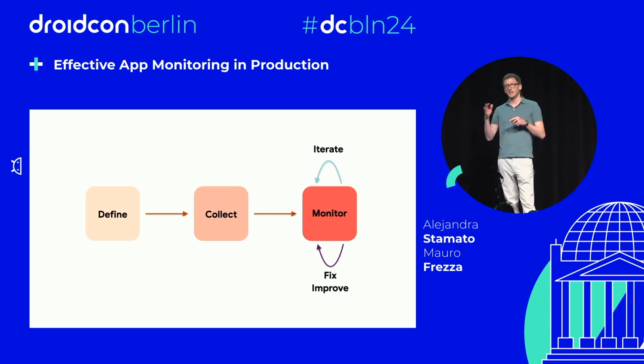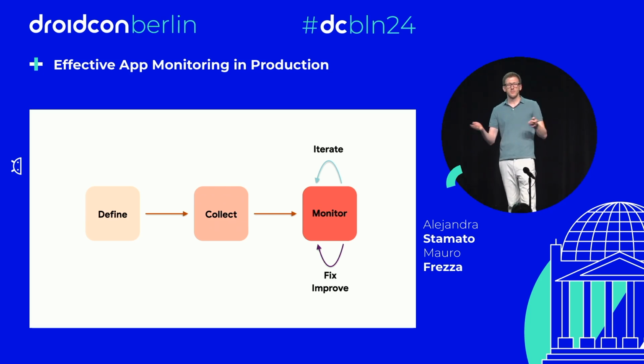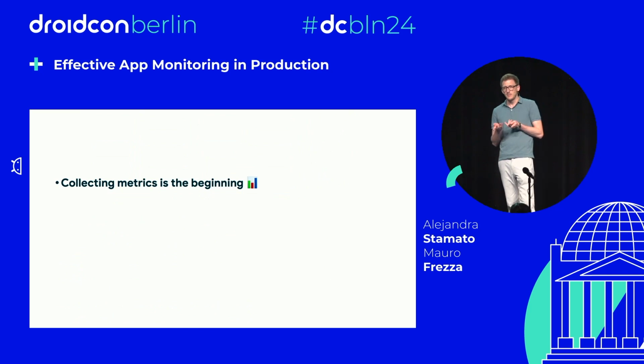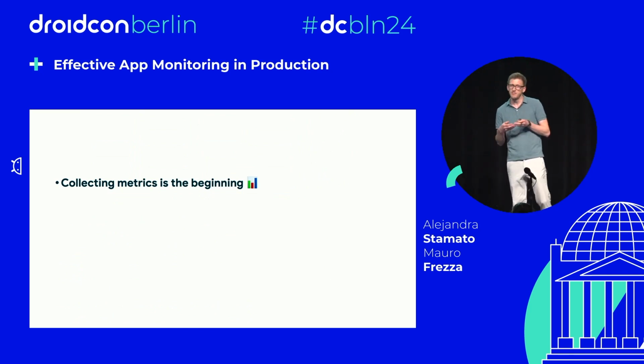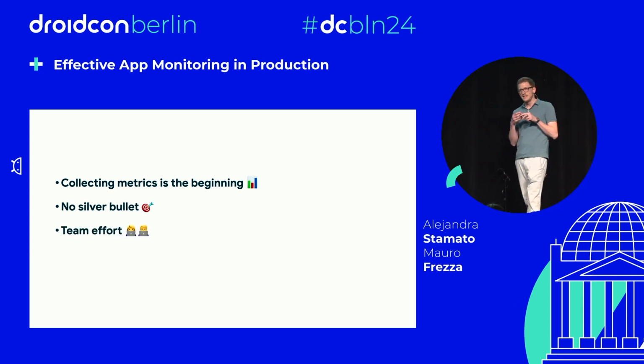So the key thing also is to think that the process is an important aspect of monitoring the app in production. Collecting the metrics is just the beginning. It's just the first thing you need to do, but it's not enough. It's not going to solve all your problems. It's a team effort. So once you have observability in place, you need to involve the whole team.